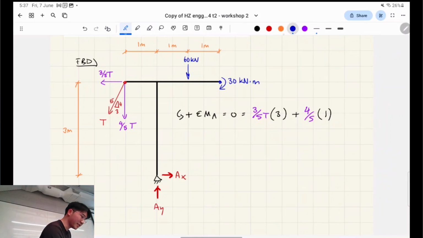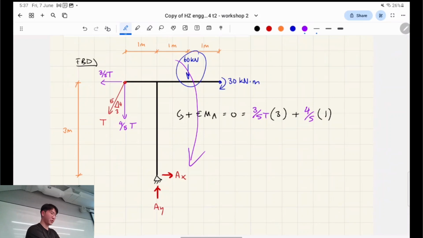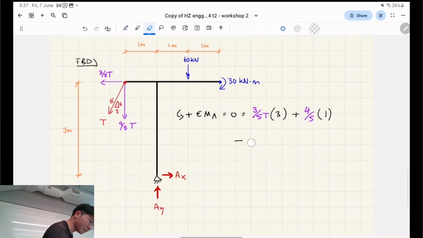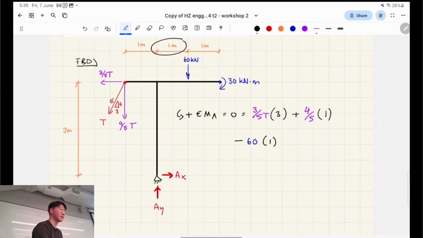Because conversely, if we look at this point load next, right, that's going to give a negative moment about point A, correct? So that's going to be negative 60. I'll just do it in blue. And that distance is 1 meter, right?